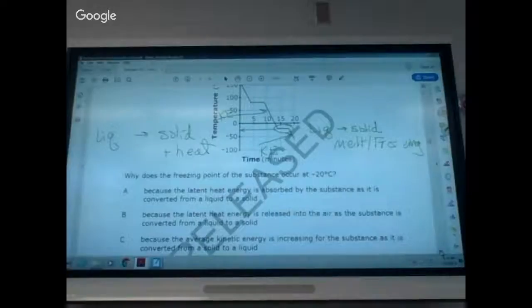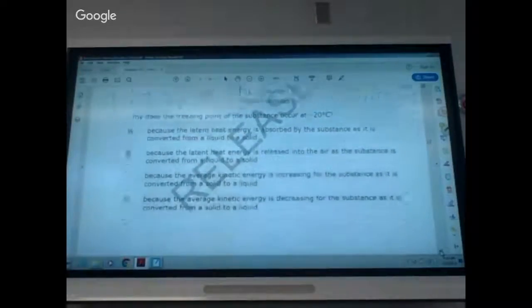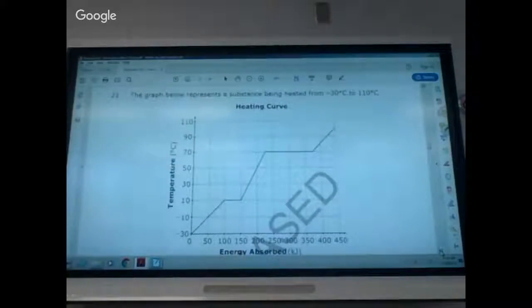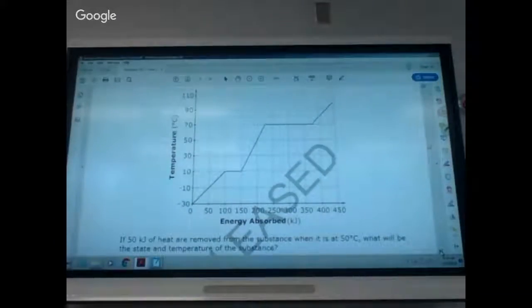Absorbed is when you want the particles to go faster and you need them to speed up. Given how many of these questions there are, you could tell people really didn't do well on the release test questions.